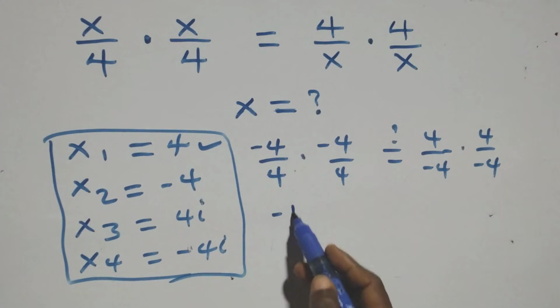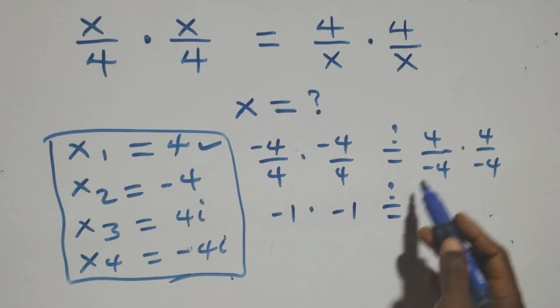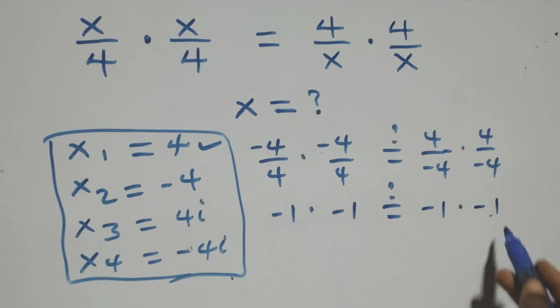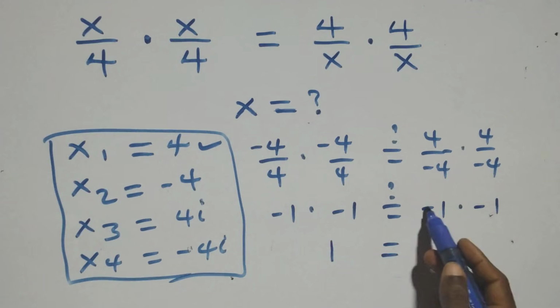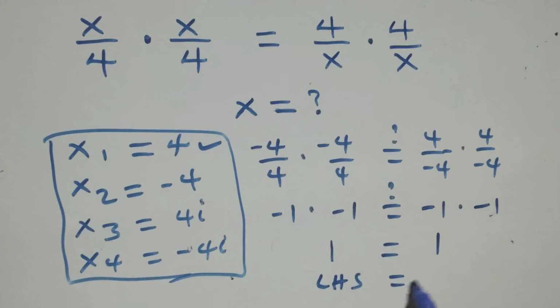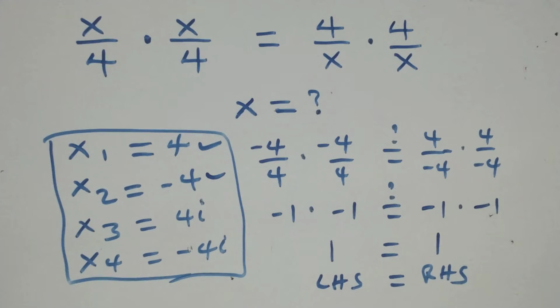Minus 4 over 4 we can write as minus 1 times also minus 1 is it equals to 4 over minus 4, that's minus 1 as well, times minus 1. Minus times minus turn to plus, 1 times 1, till 1, which is equals to minus 1 times minus 1, also 1. We have left hand side also equals the right hand side. Then x equals to minus 4 satisfy this given problem.